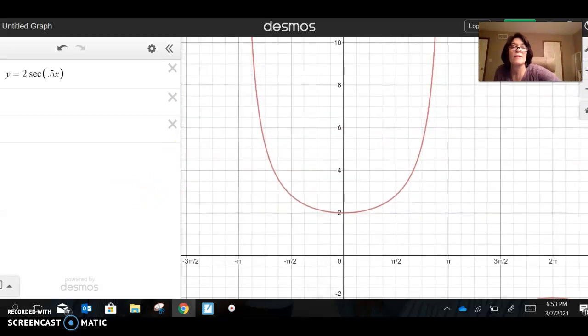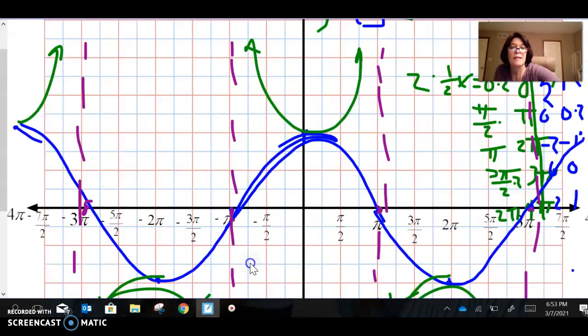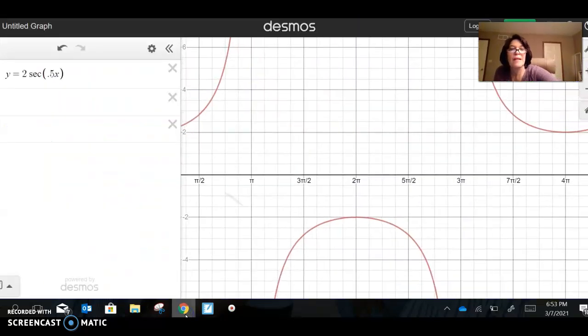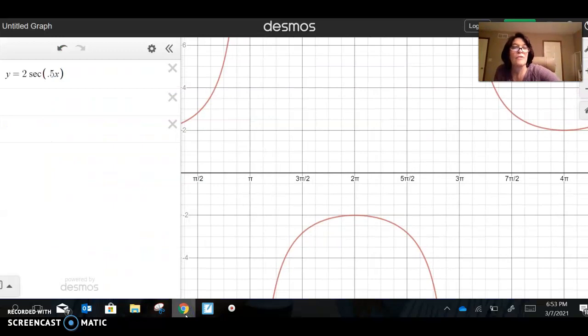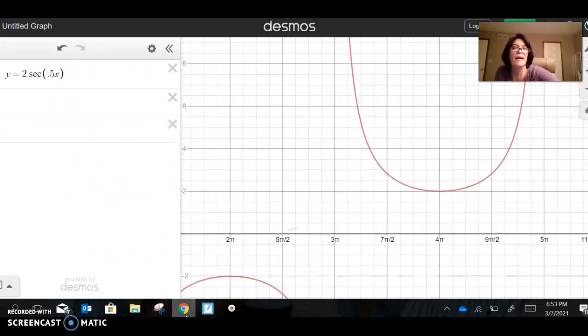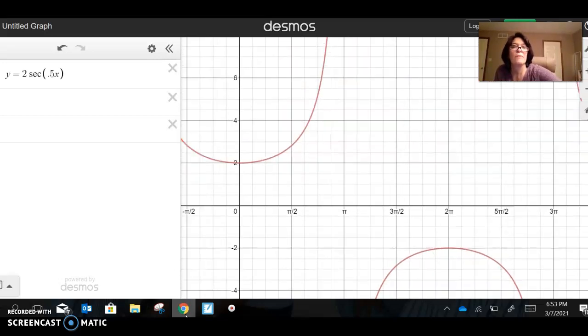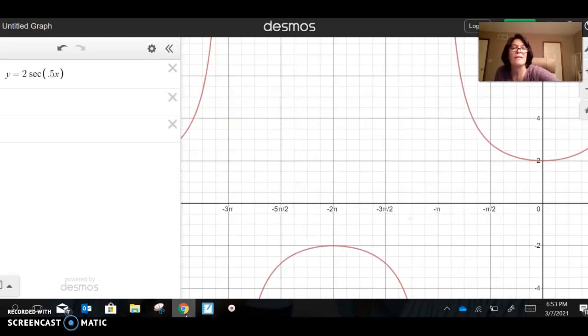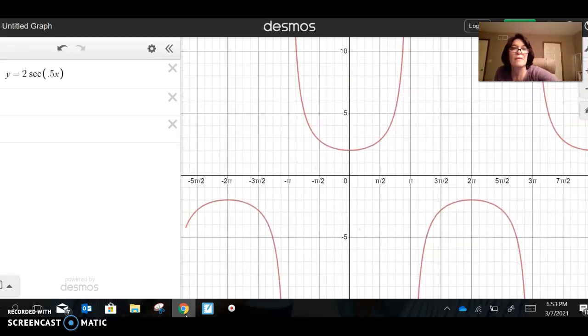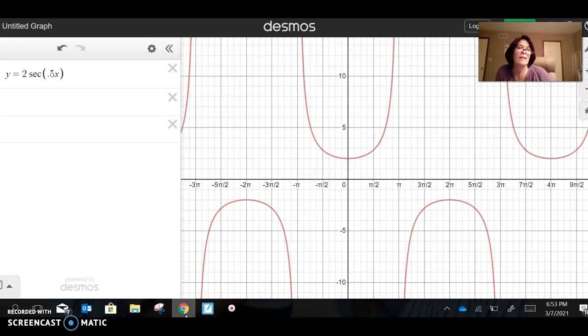Look, I have my asymptotes at -pi and pi. And then from pi to 3 pi, I'm opening down. 3 pi to 5 pi, and at 4 pi I was at 1. You see it? Maybe I'll try to pull it in a little for you.